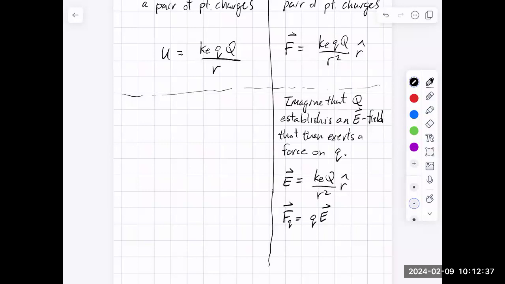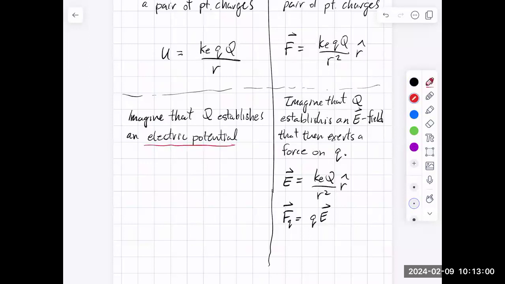So we're going to try to do something analogous for this potential energy. So we're going to imagine that big Q establishes an electric potential. This electric potential, we're going to give the symbol V. Another word for this electric potential is voltage.